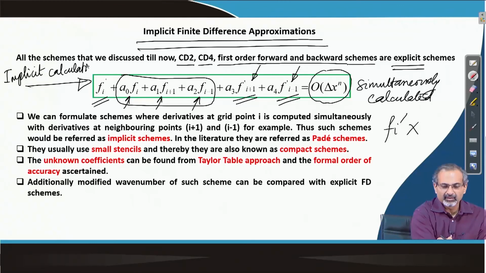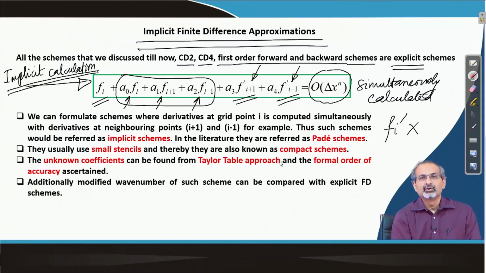So, what we understood was that an implicit expression would mean that the derivative cannot be calculated at a grid point just by substituting the functional values which are involved in the finite difference approximation directly, but rather the derivatives have to be calculated at that grid point as well as the derivatives at some neighboring grid points in a simultaneous manner.